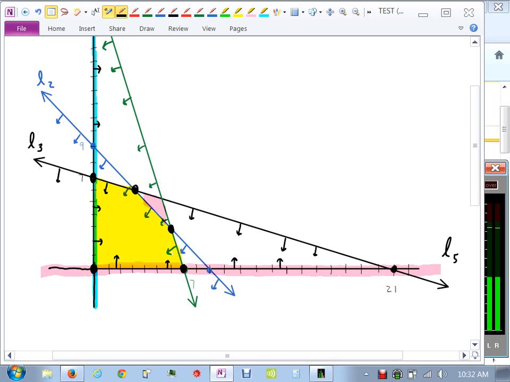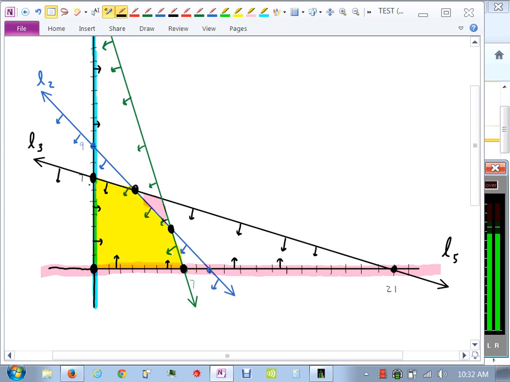Where did that hit? 7, 0, right? Wasn't that the x-intercept? And then that one up there is also 7, but that's the point 0, 7. This one right here is the intersection of L2 and L3, which we did in the last problem. Right? 3, 6. This one we'd still have to do.